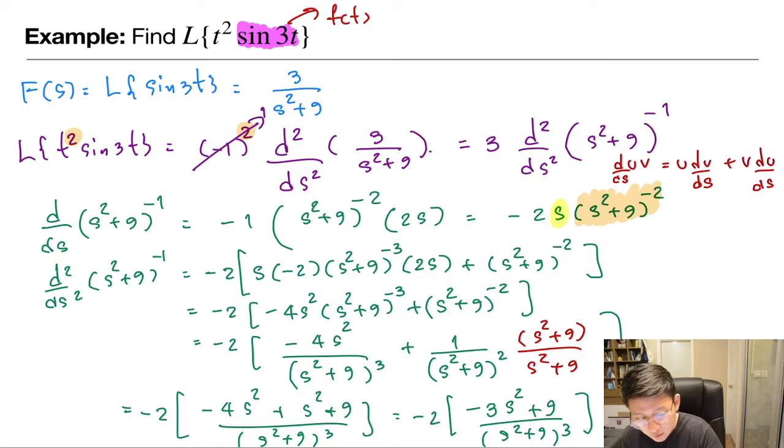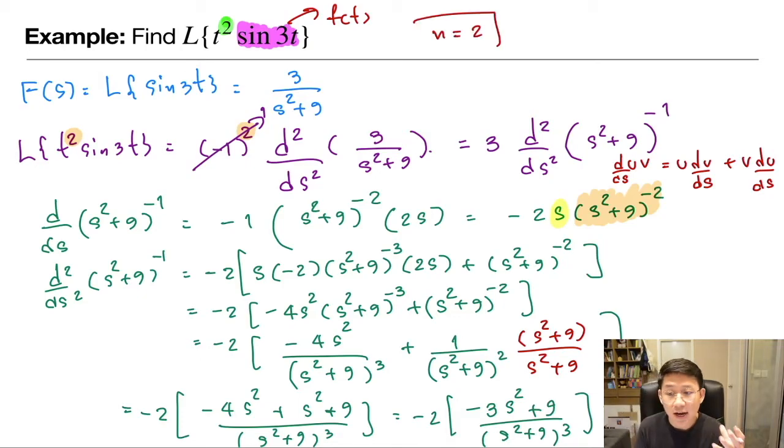First, we look here. We take this as f(t), so we get t to the n f(t). So we have that n is actually 2. Once we get n is 2, it's t squared sine 3t, right? In that case, we would use the second technique.